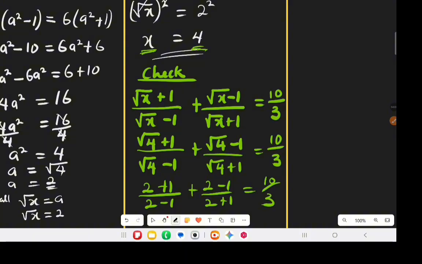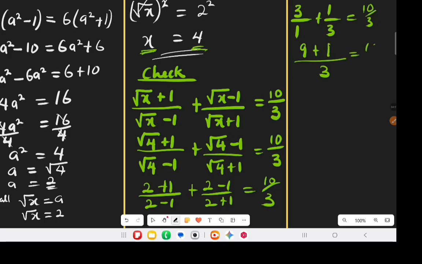Then if we continue, 2 plus 1 gives us 3 all over 2 minus 1 gives us 1 plus 2 minus 1 gives us 1 all over 2 plus 1 gives us 3. Will it give us 10 over 3? Let's go. The LCM is 3. 1 into 3 gives us 3, 9, plus 3 into 3 gives us 1. 1 times 1 gives us 1.